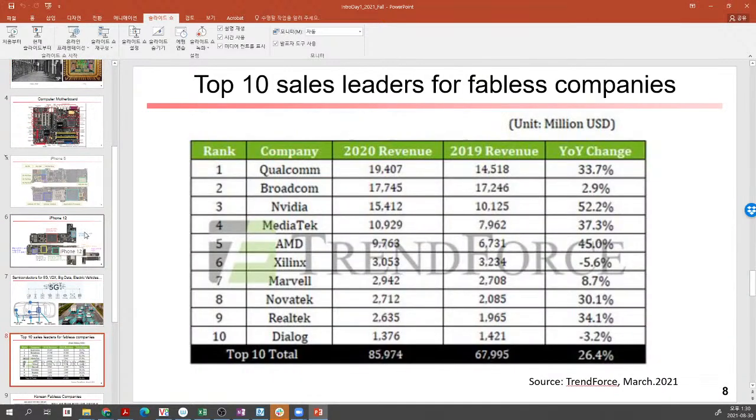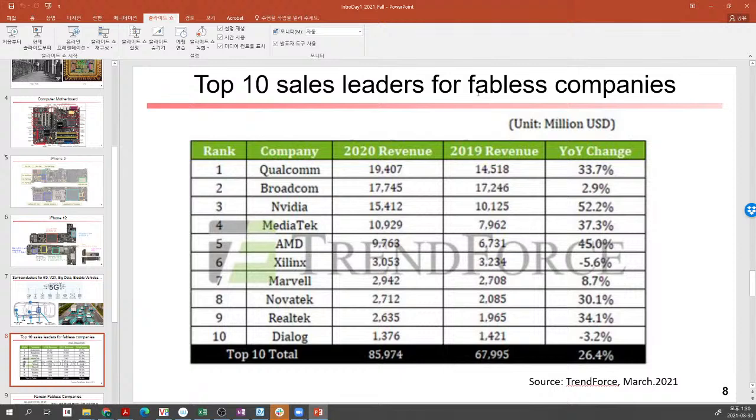Okay. If you look at the top 10 sales leaders worldwide, this is the fabless company list. Fabless means they don't have a fabrication factory. They just design a circuit and deliver that circuit to a company that actually fabricates it and makes the chipset.